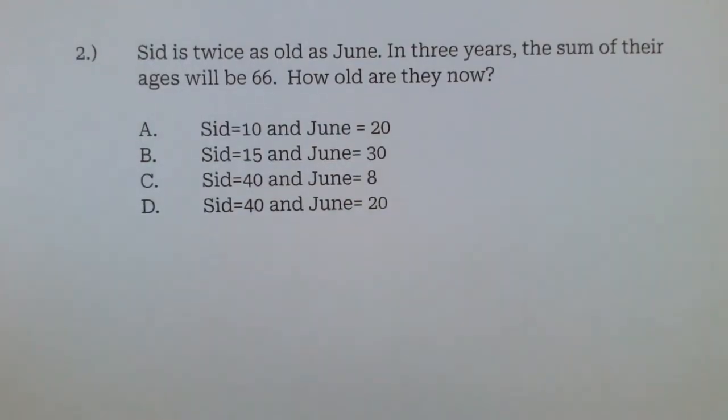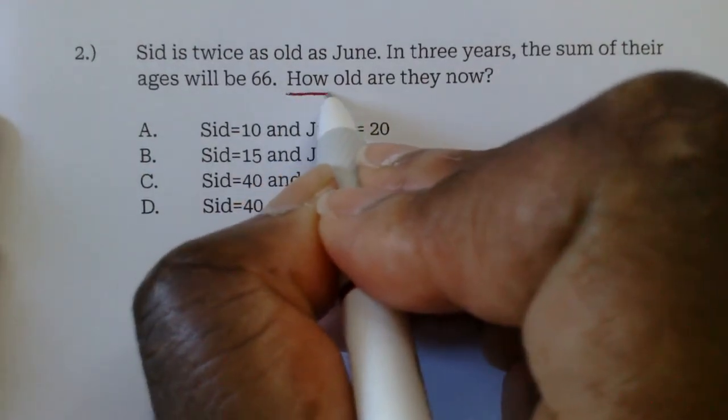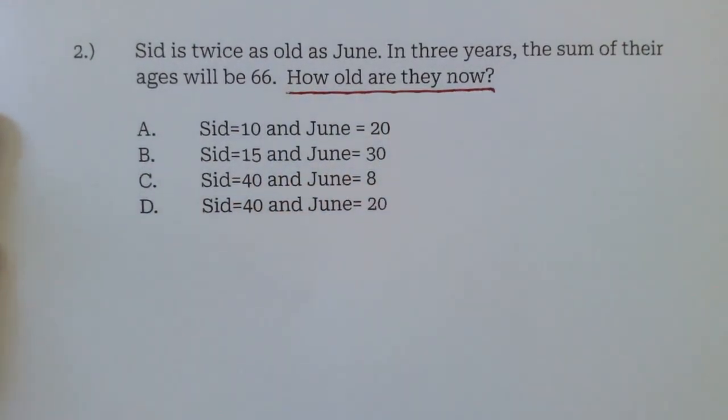We can tackle this one of two ways. You can probably work it from the reverse angle, but I'm also going to show you how to do it algebraically. When we look at this, the first thing I ask myself is, what am I looking for? I'm looking for how old they are now.